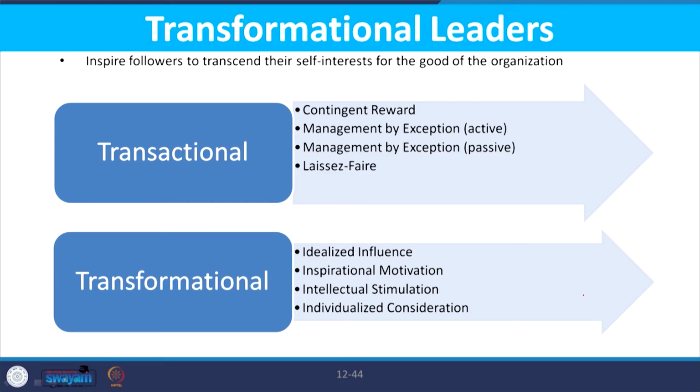Transformational leaders inspire followers to transcend their self-interest for the good of the organization. So, their focus is mostly to help subordinates shun their selfish goals for the organizational common good or organizational welfare.